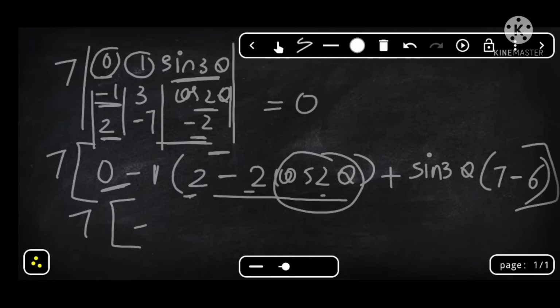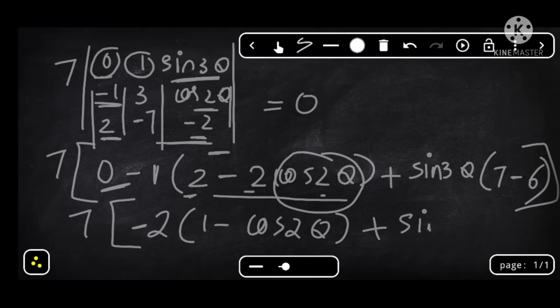Okay, so minus 2, 1 minus cos 2 theta plus, so 7 minus 6 is 1, right? So we will just get it as sine 3 theta. Fine, which is equal to 0, because it is equal to 0, right? Okay, now we need to expand this whole function. Okay, so let's do that.